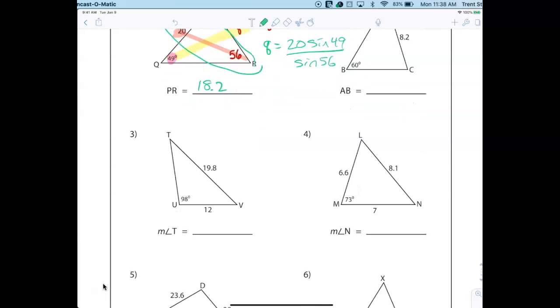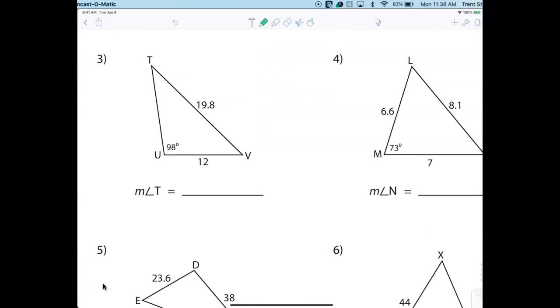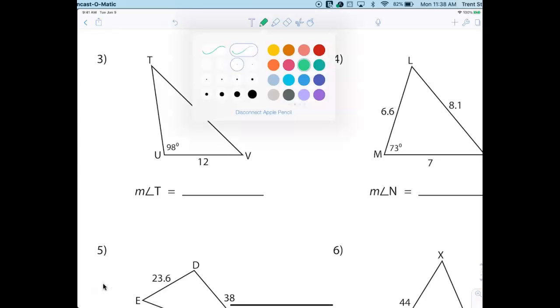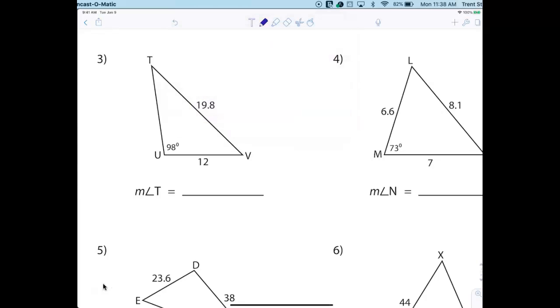All right, let's knock out number 3. So angle T. So sine of 98 over 19.8 equals sine of T over 12.